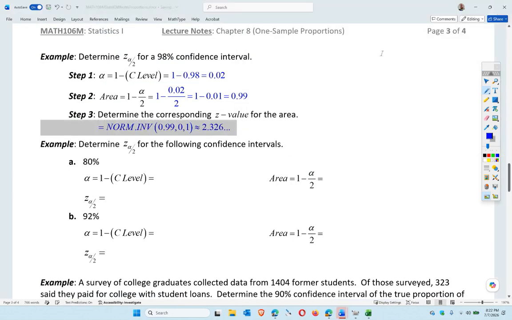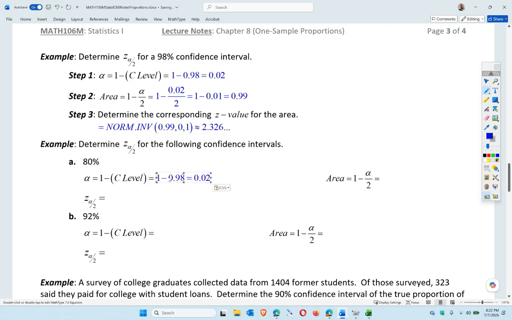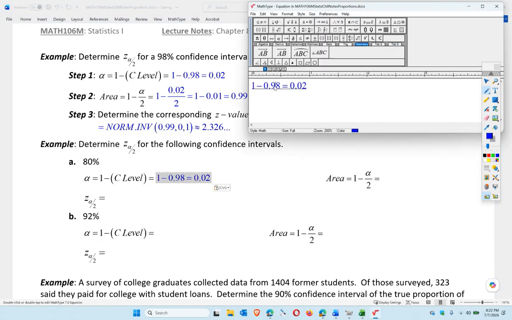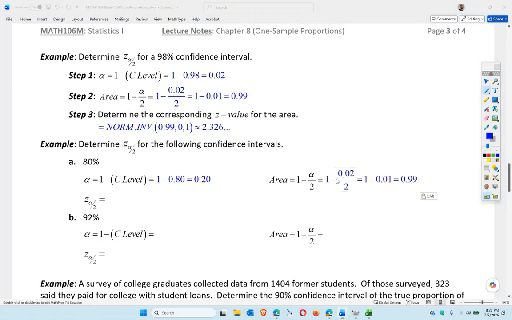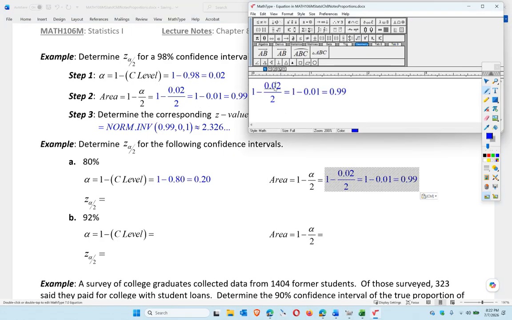All right, let's say about 80% and 92%, right? So for 80%, it would be 1 minus 0.80, which would be 0.20. And then to figure out the area, we would need 1 minus 0.20 over 2, which would be 1 minus 0.10, which would be 90%, right?